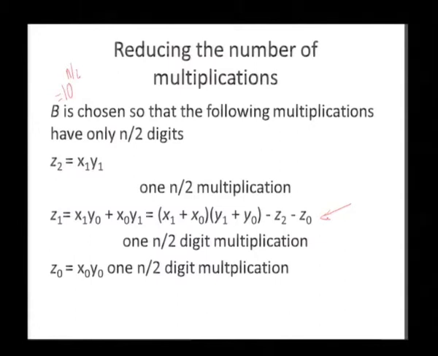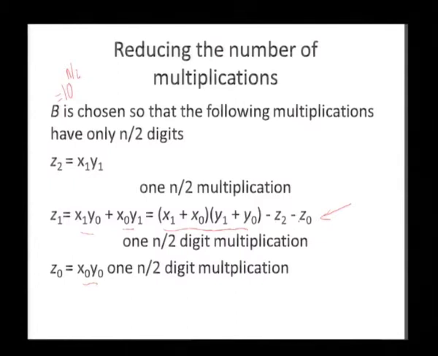Observe that as of now there are 4 multiplications to be done. That is Z2, this is a single multiplication. Z1, it looks here that this is one multiplication and this is a second multiplication, and then this is the fourth multiplication. However, a small trick of rewriting Z1 into x1 plus x0 into y1 plus y0 minus Z2 minus Z0.